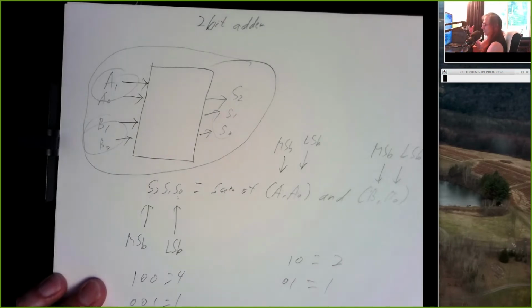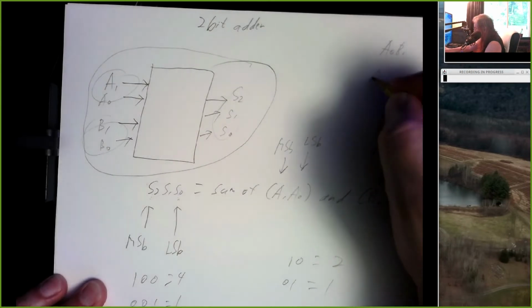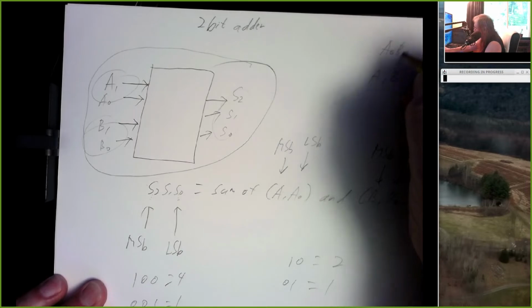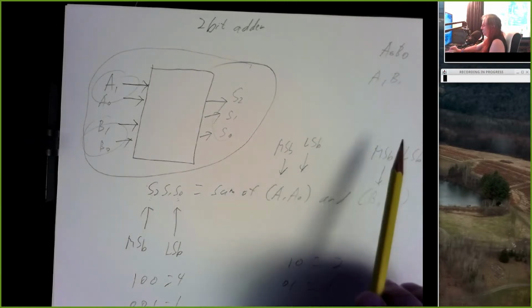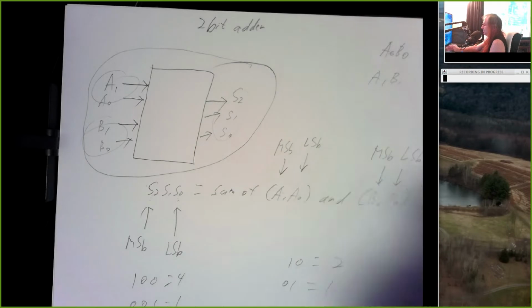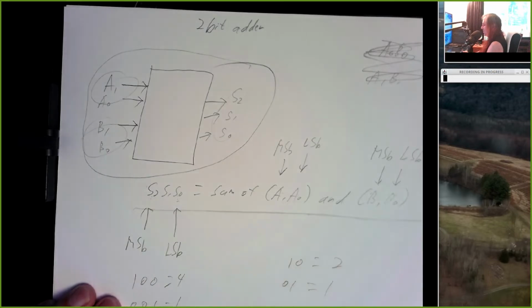Because somebody else could say, hey, this is going to add these two numbers, A0, B0, and A1, B1. Well, that's a completely different circuit. It's still a 2-bit adder. But maybe my first number is represented by A0, B0. My second number is A1, B1. Totally different circuitry. So make sure it's really clear to somebody looking at your system diagram what the function is.